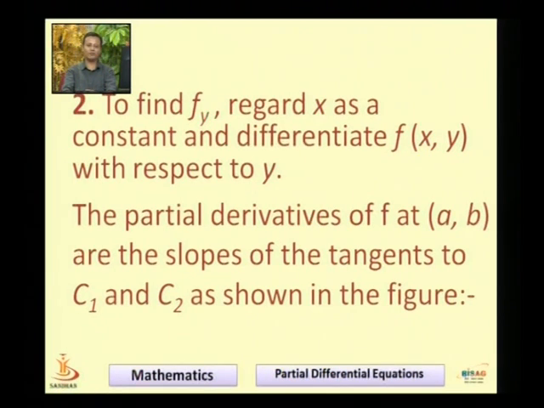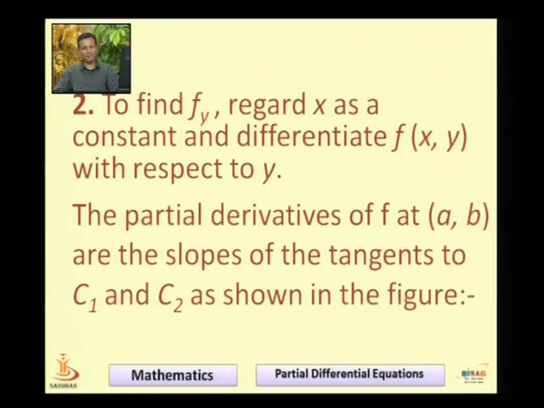The partial derivatives of f at the point (a, b) are the slopes of the tangents C1 and C2 as shown in the figure. Now this is important. Before you see the figure, first we consider y equal to f of x, meaning y is the dependent variable and x is the independent variable. So y equal to f of x, or a function f of x, y equal to constant, where y is considered depending on x.